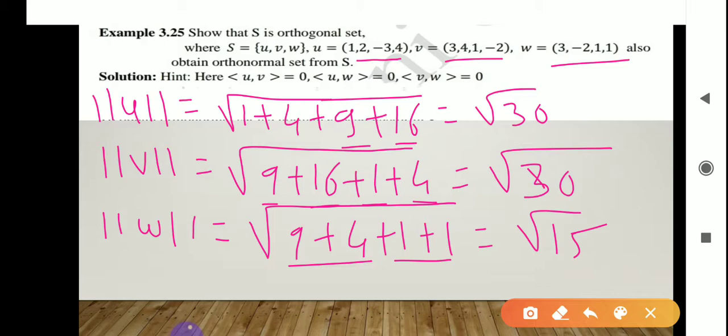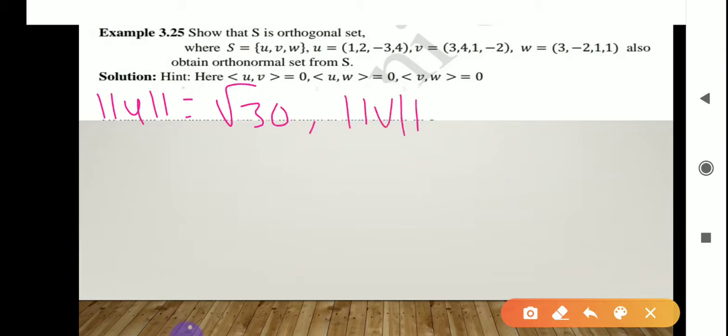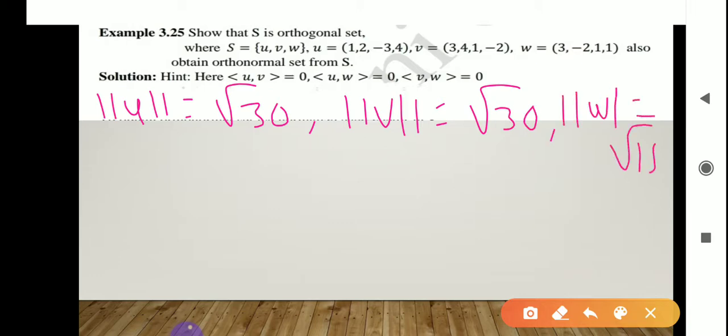Now we have to find the unit vectors. So how do we find a unit vector? Here we get the norm of u equal to root 30, the norm of v is also root 30, and the norm of w is equal to root 15. Now the unit vector u cap is equal to u bar upon the norm of u bar. So u cap is u upon the norm of u.